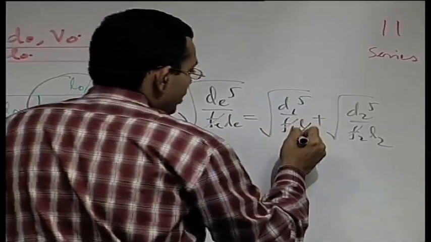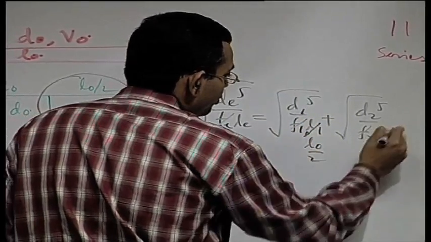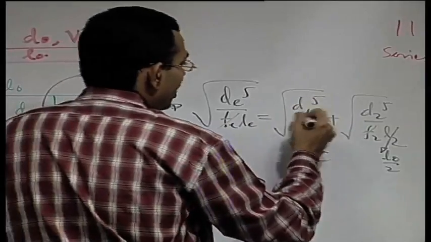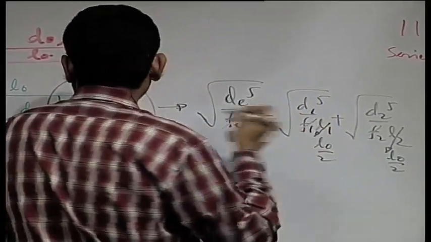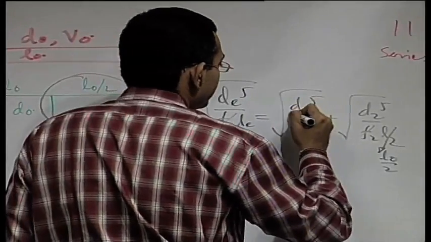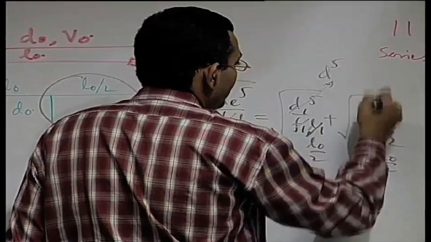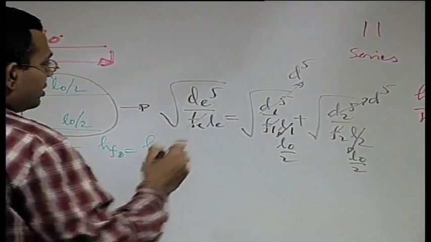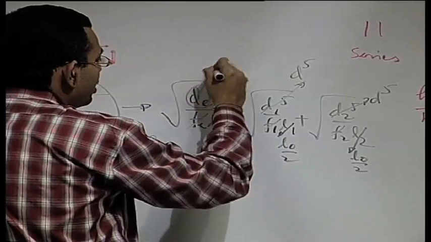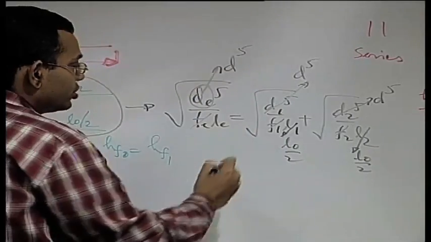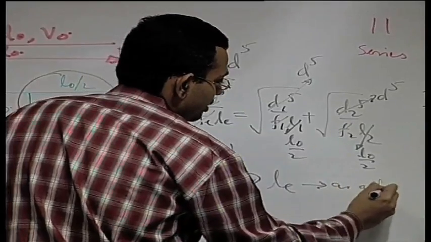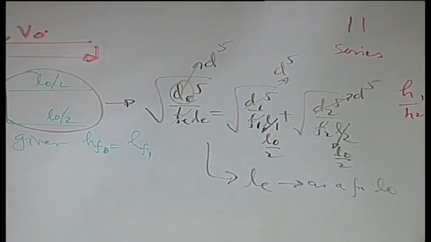L1 is L0 by 2, L2 is L0 by 2, D1 and D2 are the same, equal to D, same diameter pipe. So, this is D to the power 5, this is D to the power 5. Let us say that the equivalent diameter is also D. So, you can find out an equivalent length as a function of L0.